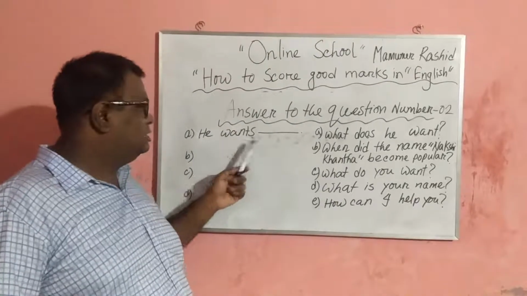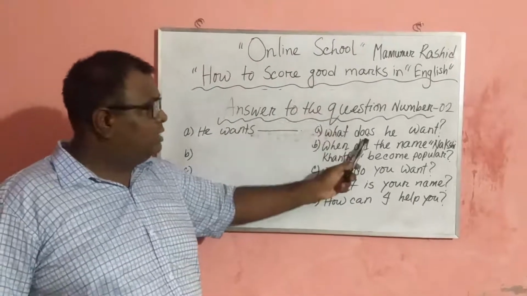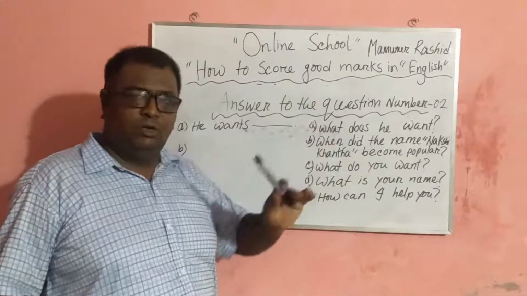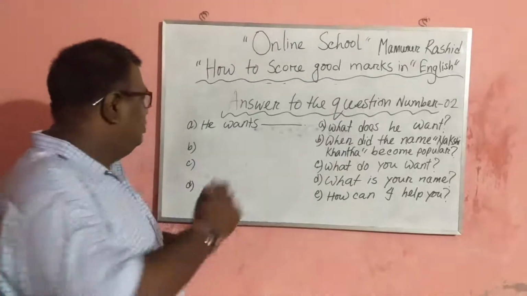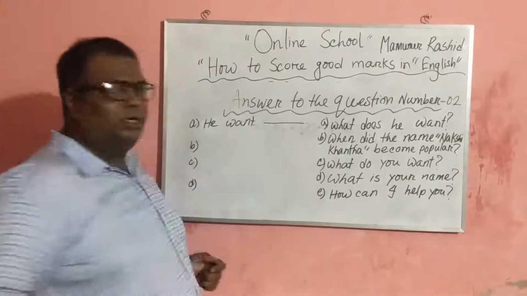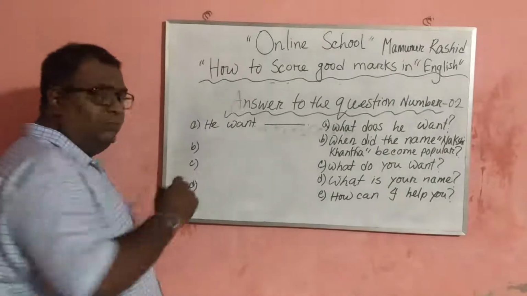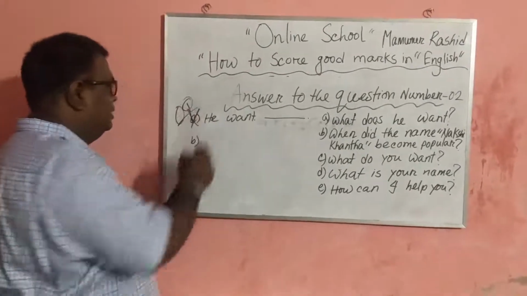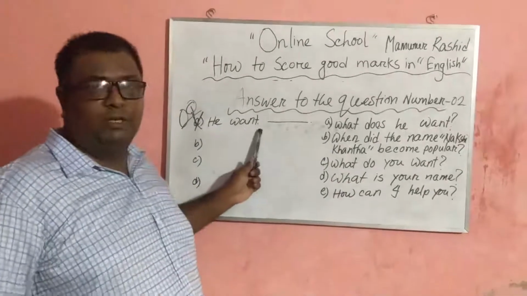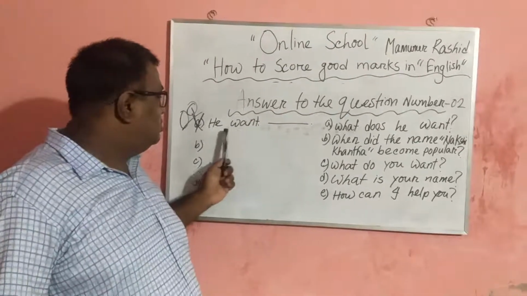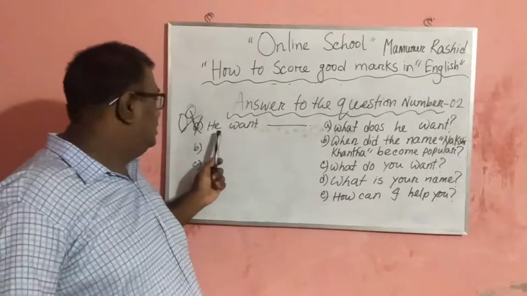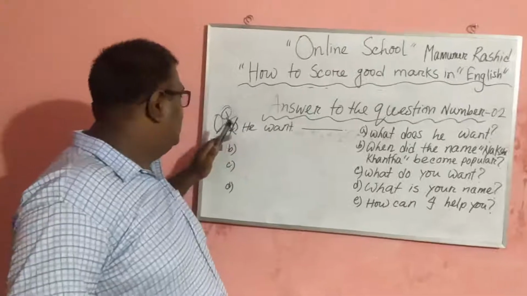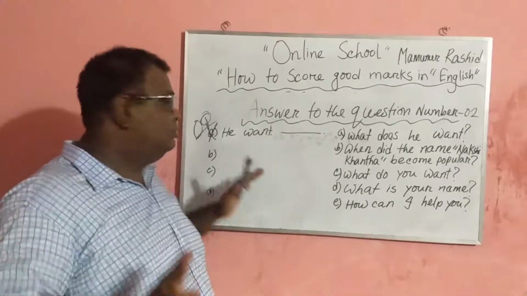Here, he wants: the does will be omitted, and s or es will be added to want. But if you start your answer with he want, then if the examiner wants, he will give you 0 marks, because you are grammatically wrong. Your answer should start like he wants.